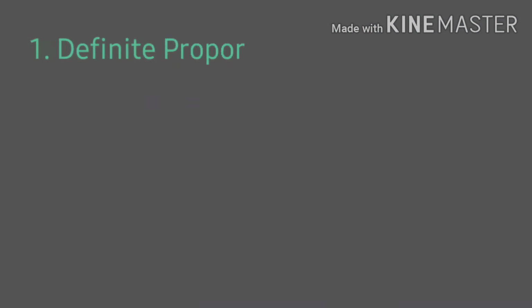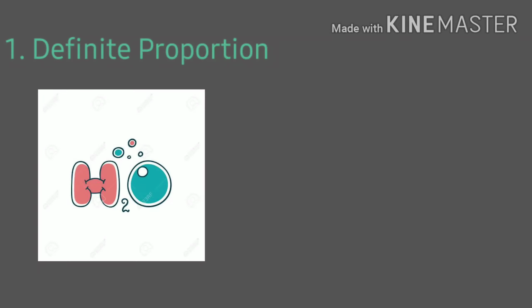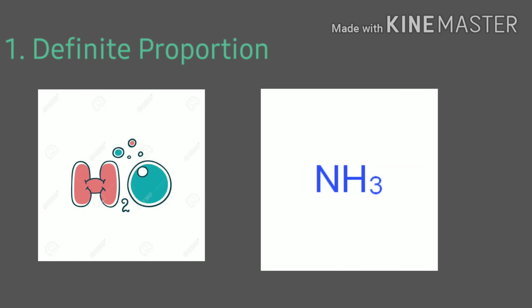Now the characteristics of a compound. The first one is definite proportion. That means a compound has a definite proportion. For example, water consists of 2 atoms of hydrogen and 1 atom of oxygen combined in a fixed proportion to form the water molecule.